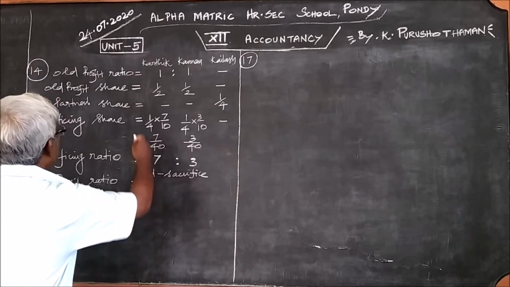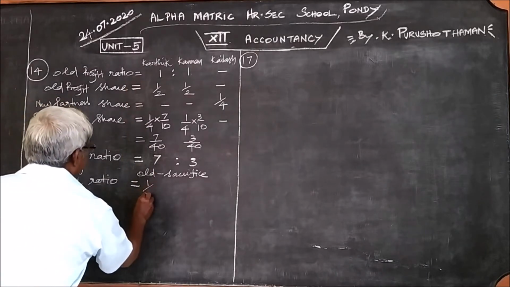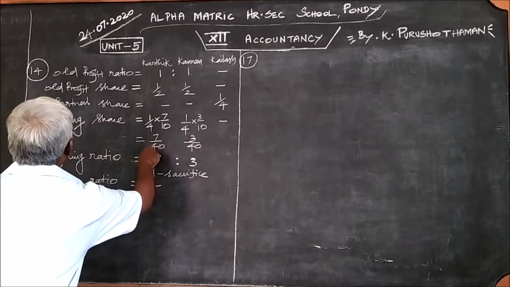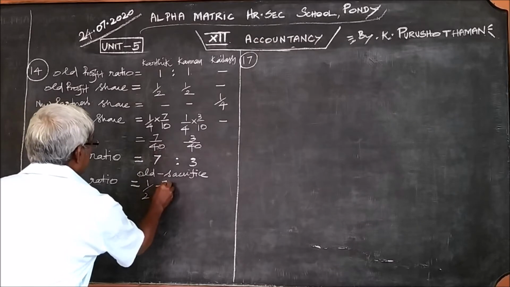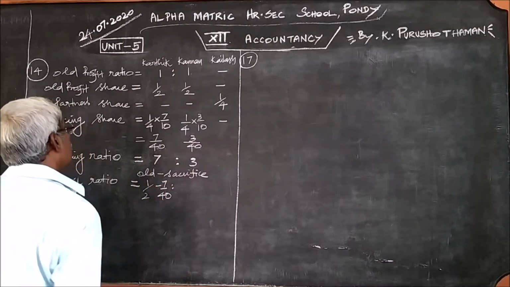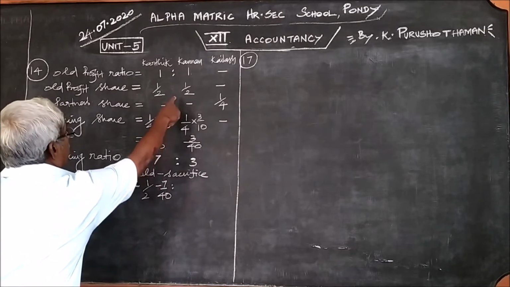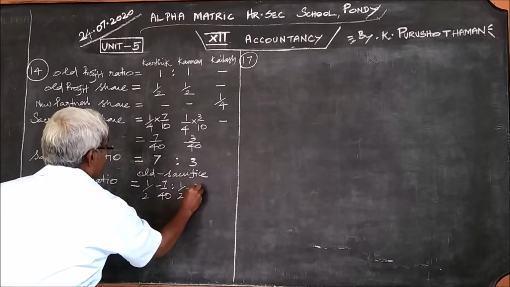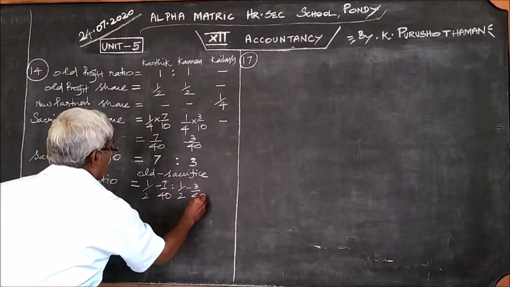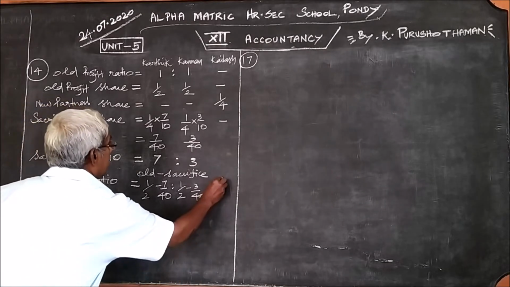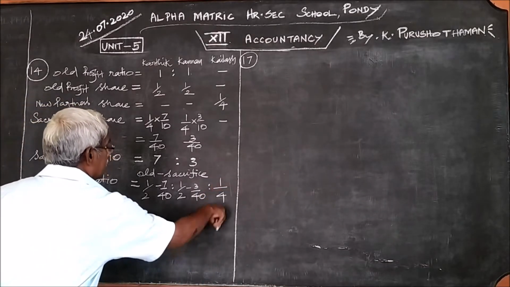So old share is 1 by 2; from this, 7 by 40 is sacrificed. From this 1 by 2, 3 by 40 is sacrificed. And the third partner is getting 1 by 4.